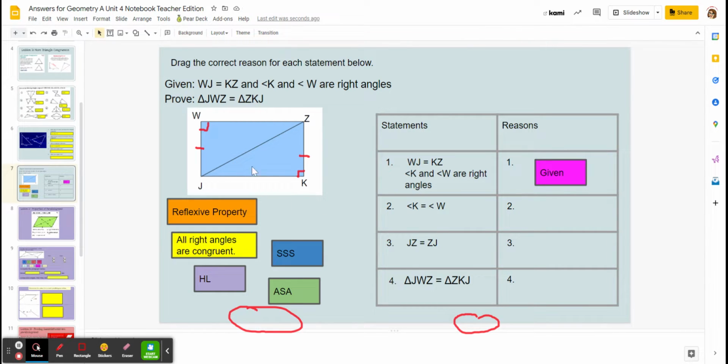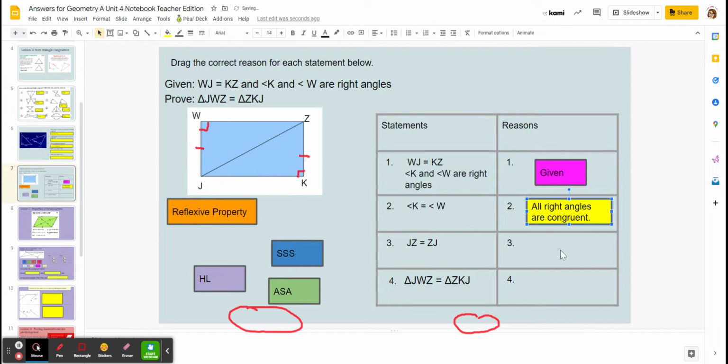Why can I say angle K is congruent to angle W? We said they were right angles in number 1. So our reasoning for saying they're equal in number 2 is because all right angles are congruent.